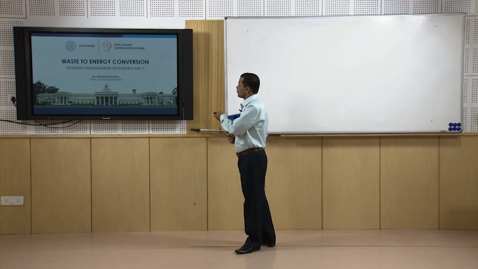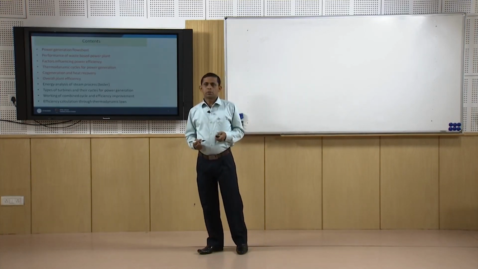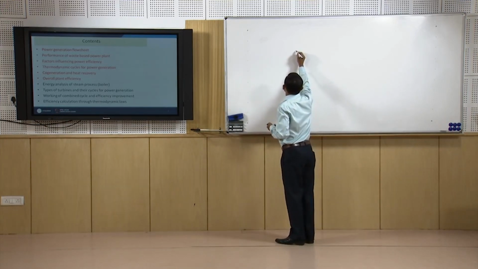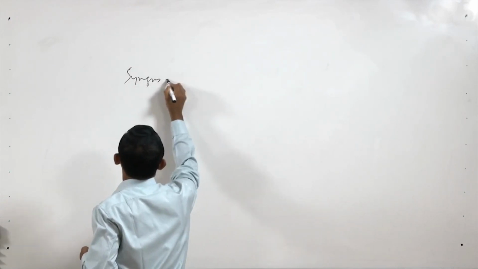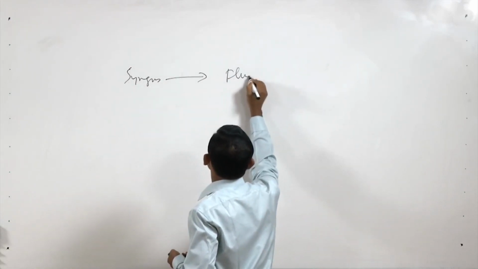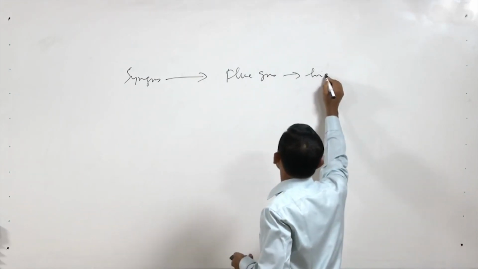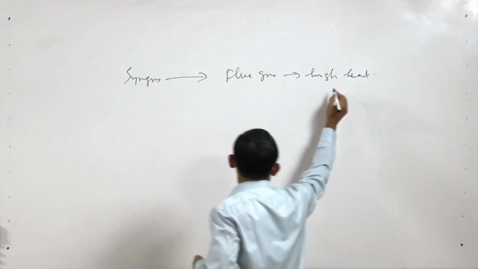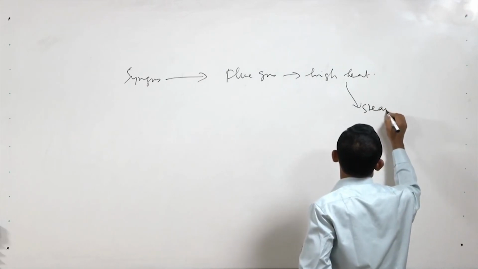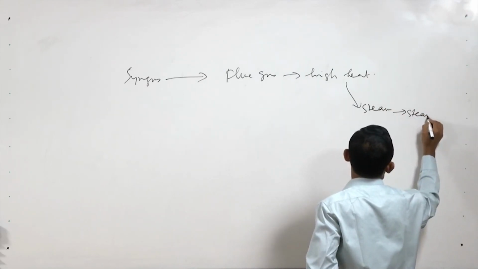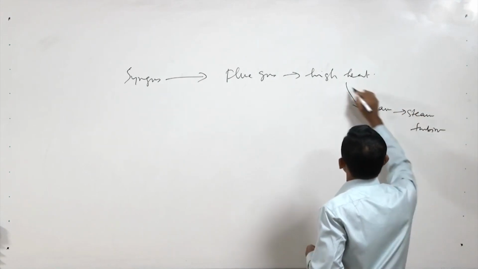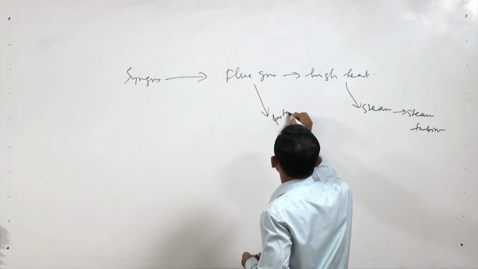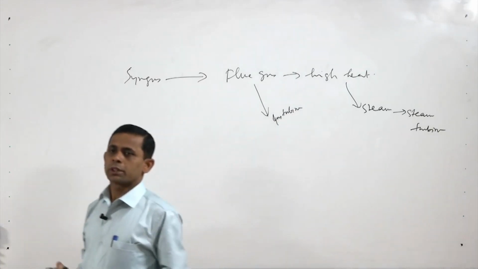But if we use gasification, a gasification based plant produces syngas, and the syngas is combusted to flue gas. So, a high amount of heat is released. This can be used either for steam production followed by a steam turbine, or this flue gas can be used directly in a gas turbine for the production of electricity.